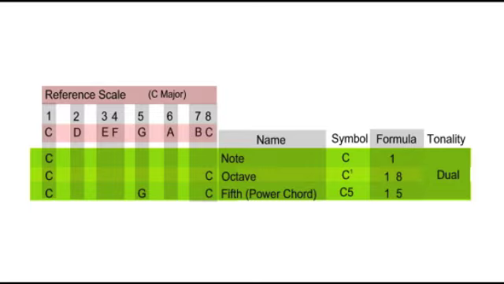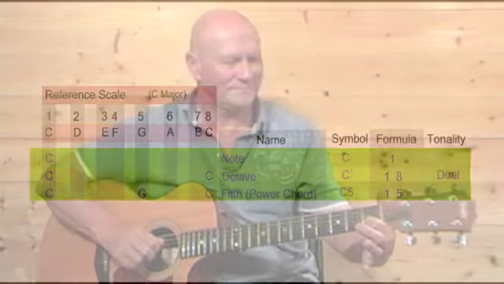On the first of the green coloured lines, we start with the simplest musical element of all, the single note. In this case, we have the note C because we're thinking in the key of C major. Told you it was simple. The next simplest element I can think of is the octave.